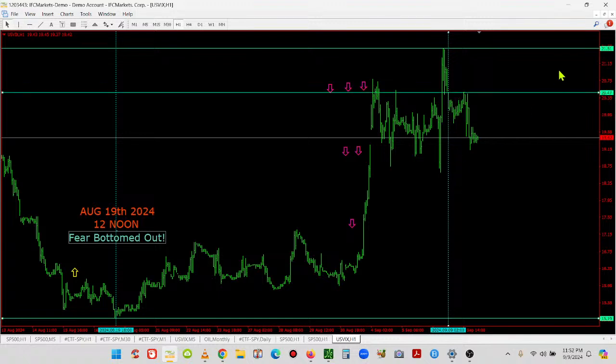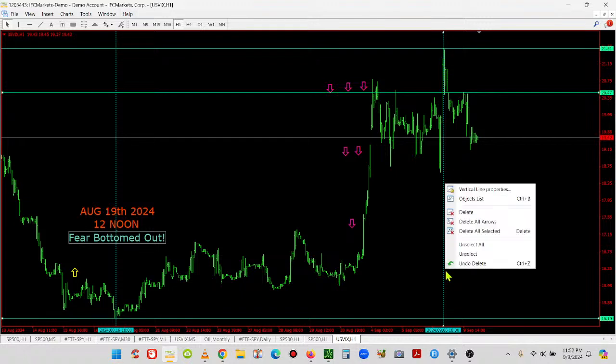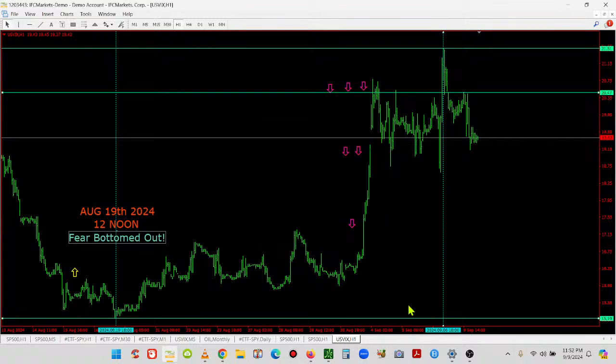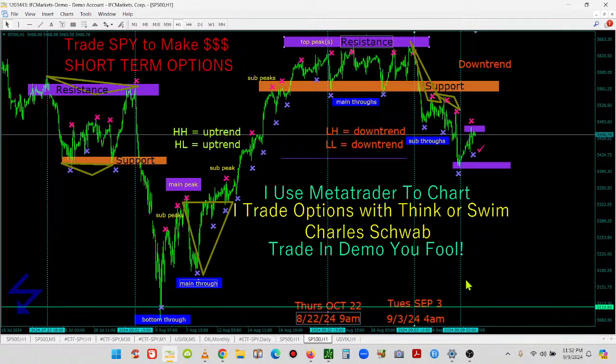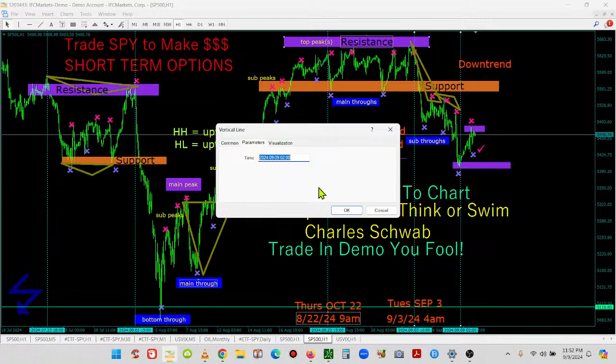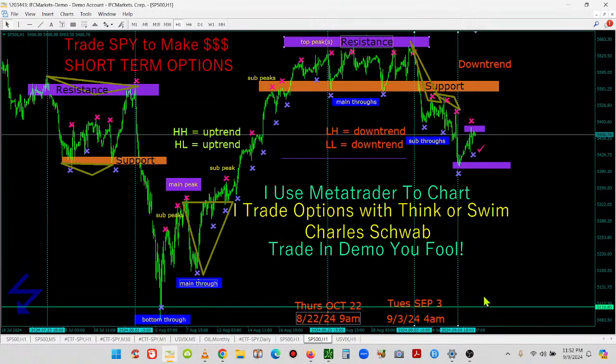And then it tops out right there. That's where the fear reverses. The fear reverses right here. What do you see there? The fear reversed.